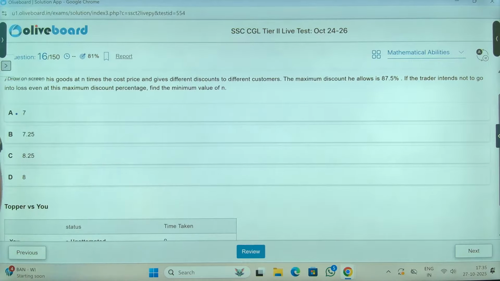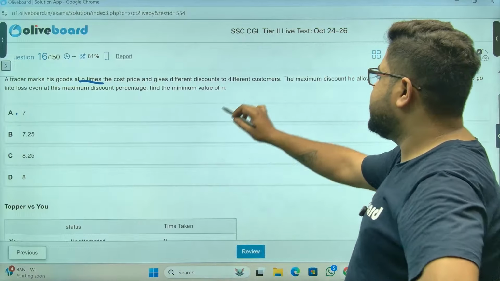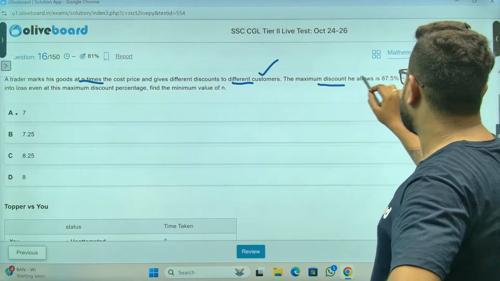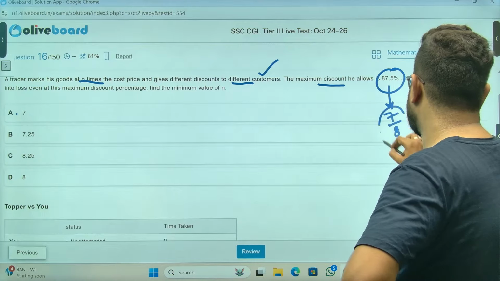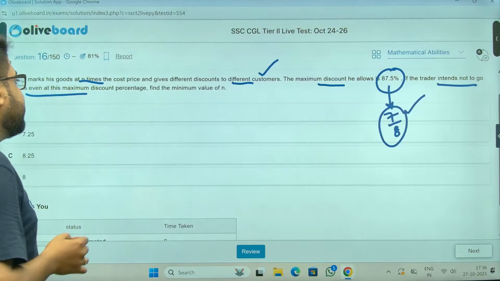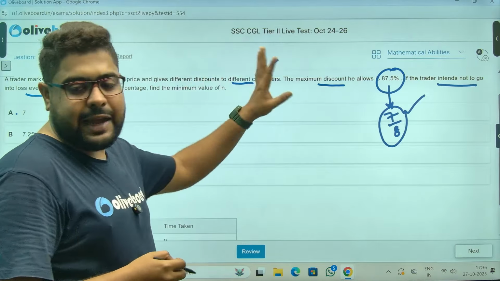Sir, a trader marks his goods n times the cost price and gives different discounts to different customers. The maximum discount is 87.5%, 7 by 8, sir. This is the maximum discount. If the trader intends not to get into loss even at this maximum discount, then find the minimum value of n.